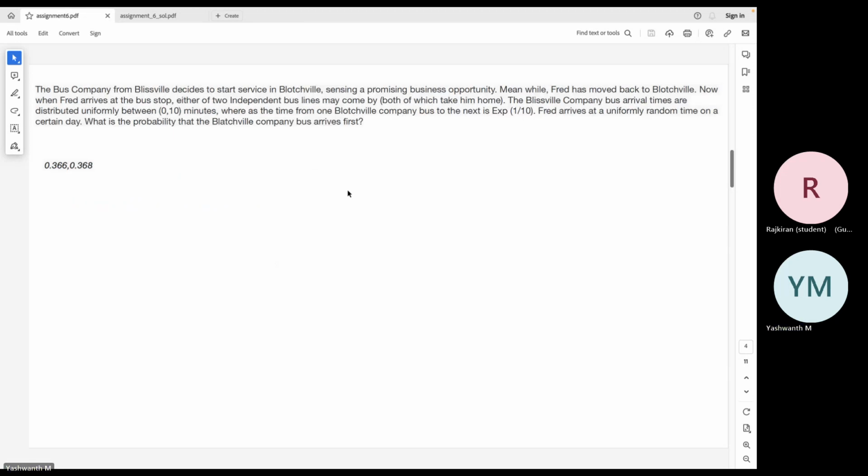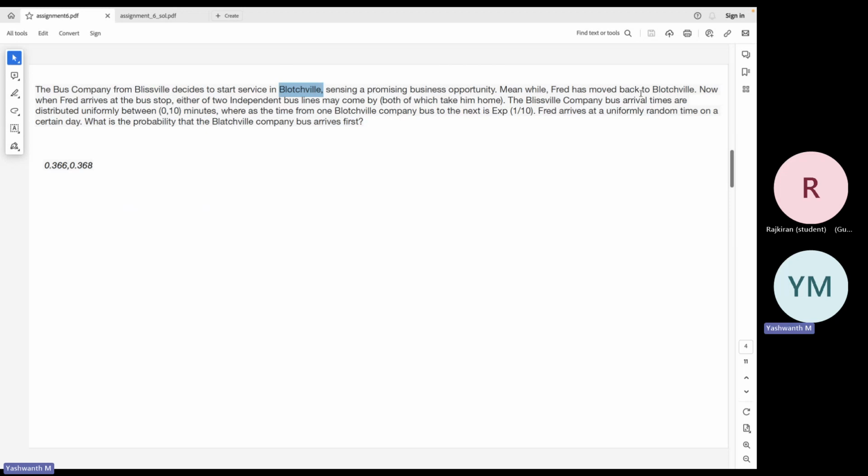This is quite a complicated question. I mean, the question is complicated, but what they're asking for is not that complex. So some bus company from some place decides to start the service in Bloshville and Blissville, sensing a promising business opportunity.